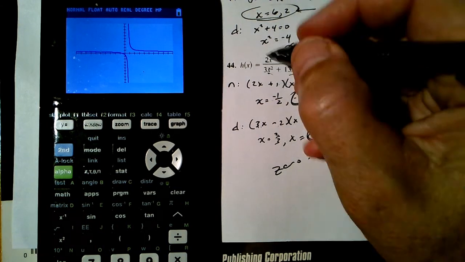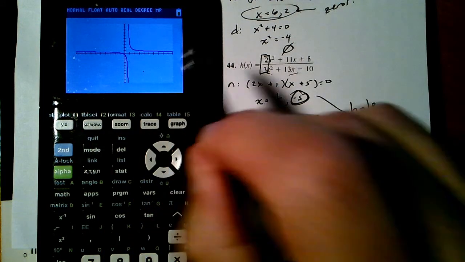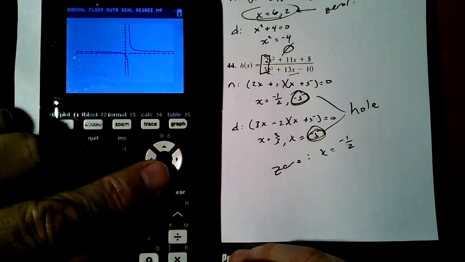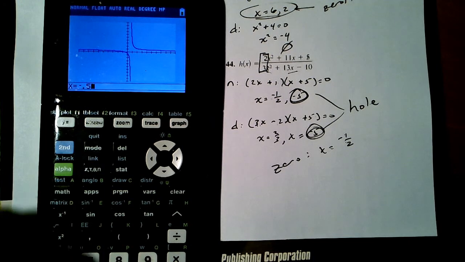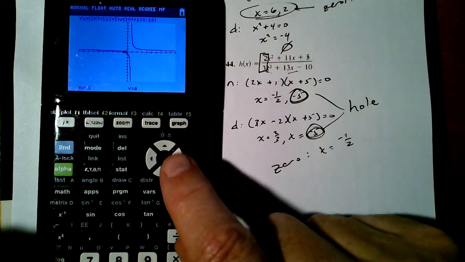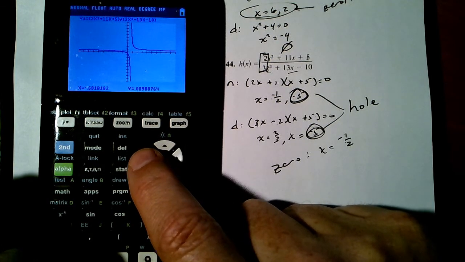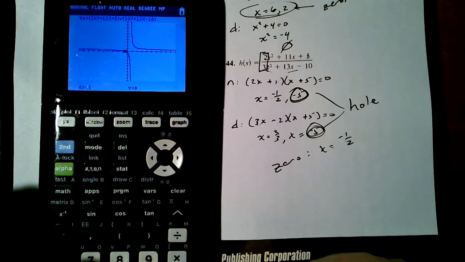Where's that asymptote at? That horizontal asymptote is up at 2/3. So let's go second calc value negative 0.5, negative 1/2, and sure enough, that's our 0. If I trace from there, that's when we hit 0. The only place is at negative 0.5.